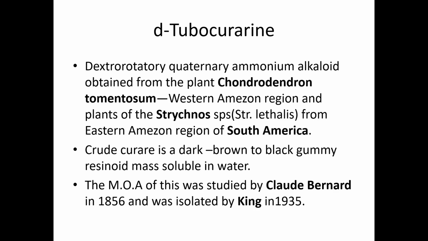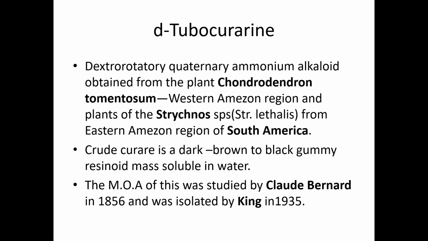D-tubocurarine is a natural drug. It is the prototype of drugs acting at the motor end plate. The D stands for dextrorotatory. D-tubocurarine is a dextrorotatory quaternary ammonium alkaloid.